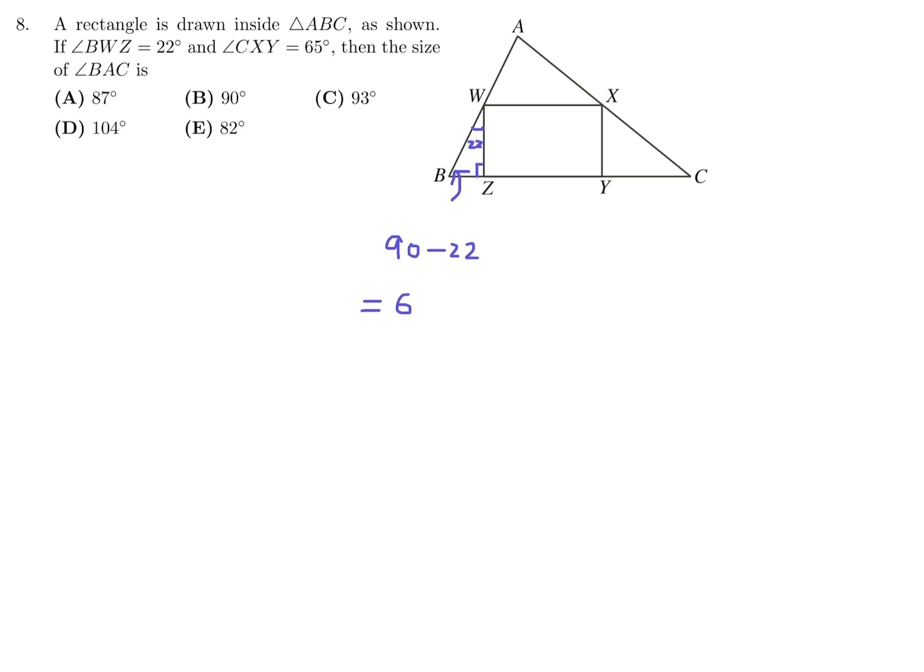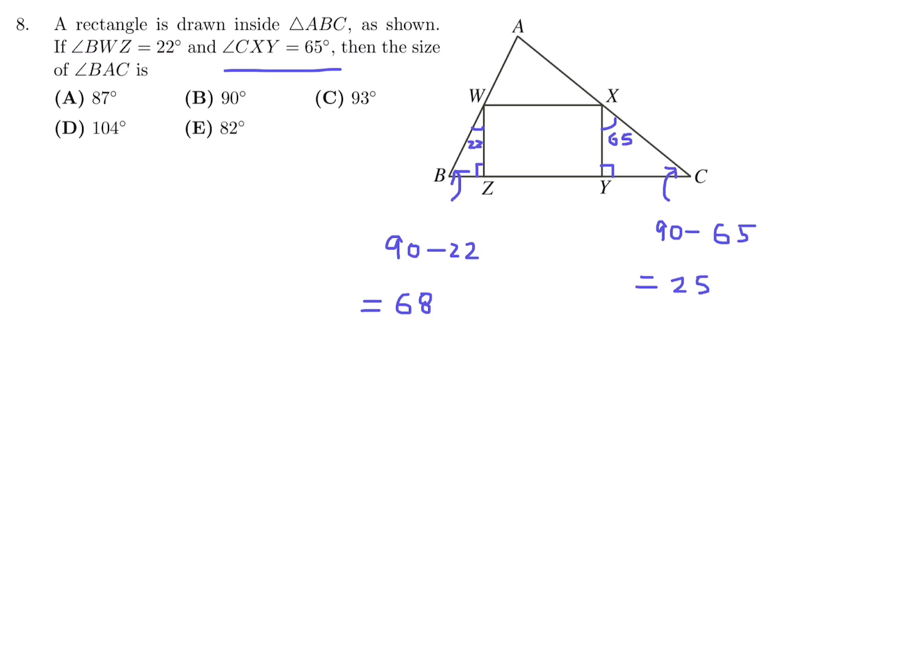Right, which is 68. CXY is 65, so CXY, that's this guy right here, that's 65. This is a right angle, so this angle in here is 90 minus 65. Correct? And that is equal to 25.